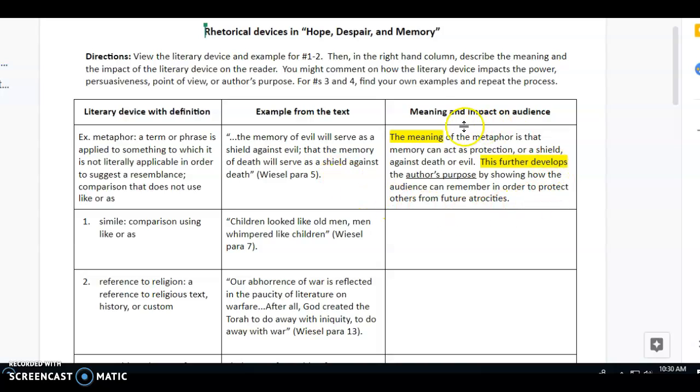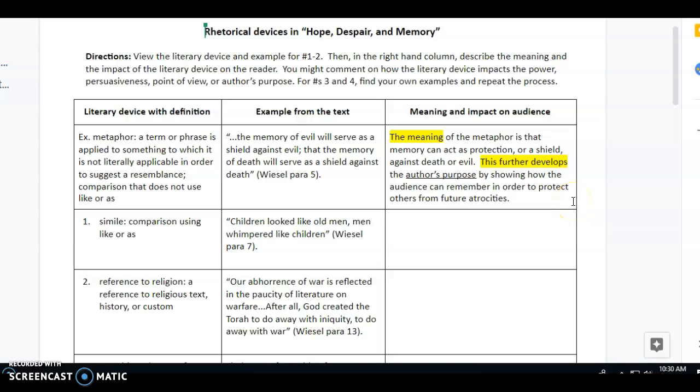So in that third column is where you're doing the work. So I gave you my example. It says the meaning of the metaphor is that memory can act as protection or a shield against death or evil. And then, so that's my meaning. So I identified what that metaphor means. And then finally, I want to analyze. This develops the author's purpose by showing how the audience can remember in order to protect others from future atrocities.